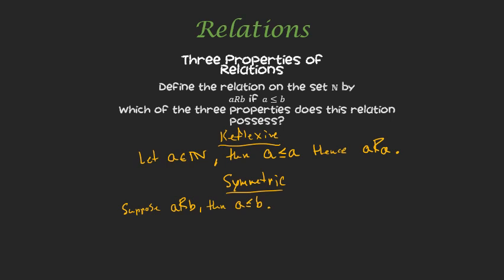We ask ourselves, is B related to A? That is, is B less than or equal to A? If A is less than or equal to B, is B less than or equal to A? Or can we come up with a pair that fails that? The answer is no, that won't always happen. If A is less than or equal to B, it won't always happen that B is less than or equal to A. So let's prove that it's not symmetric by picking out a pair.